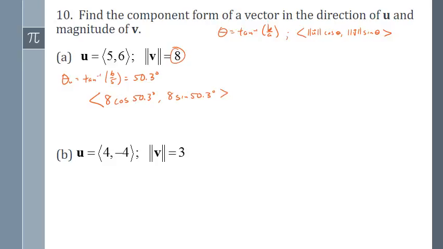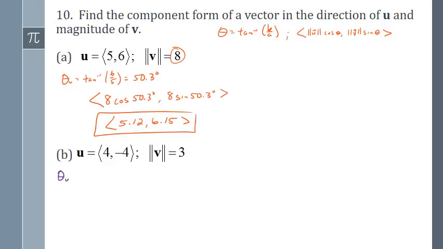And our final result, when we plug this into the calculator, we're going to get 5.12 and 6.15. That's my component form of my new vector. Same thing for b.